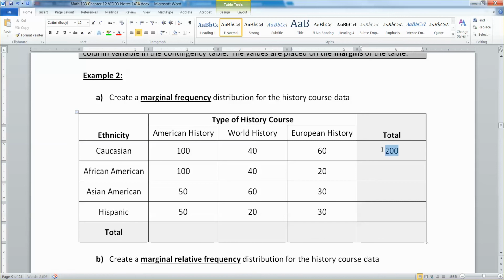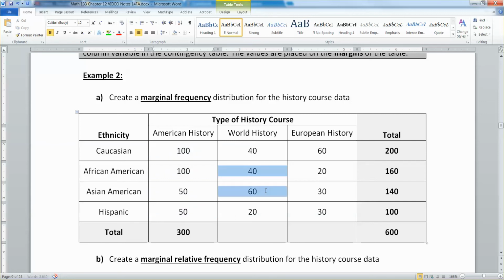Then I take 100, 40, and 20, and that would make 160. And then 140, and then 100. And when I total this, 200, 160, 140, and 100, I get 600 total. All right, now the columns, 100, 150, and 50 would make 300.